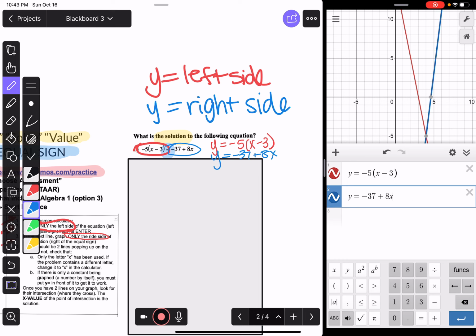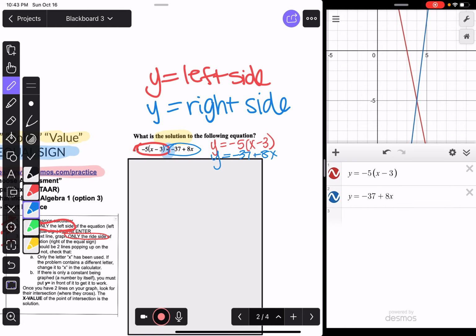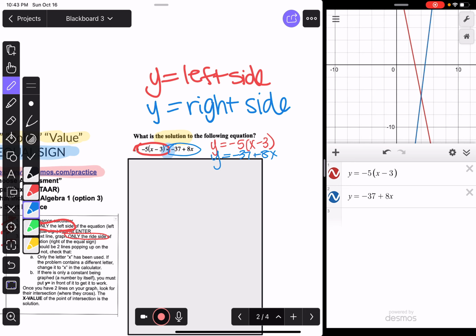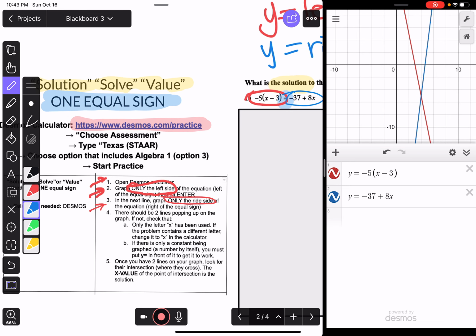And again, we see this blue squiggly pop up next to the y, which means that it is somewhere on the graph, a blue line. And what we are looking for, if we look at the next step right here, it says there should be two lines popping up. If not, check that x was the correct letter used.